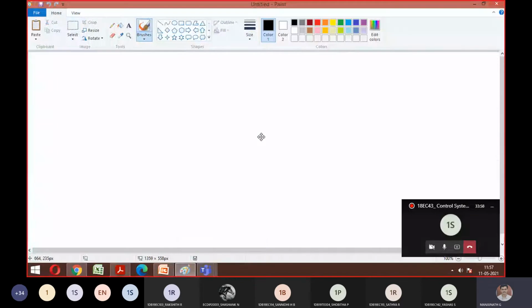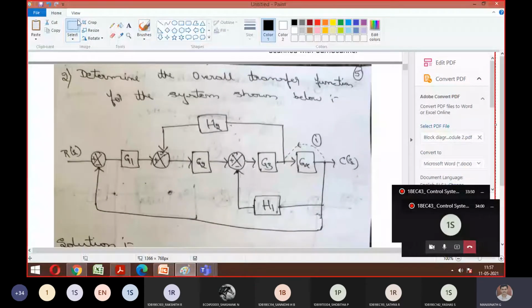After solving so many problems, if you are still keeping silence, it means you have not understood the block diagram concept.